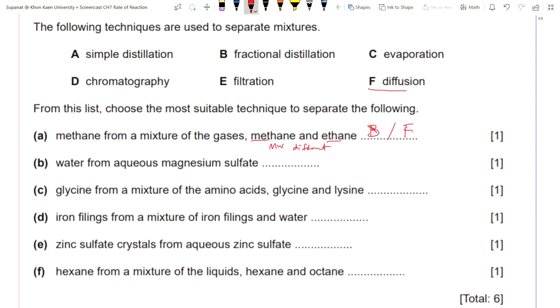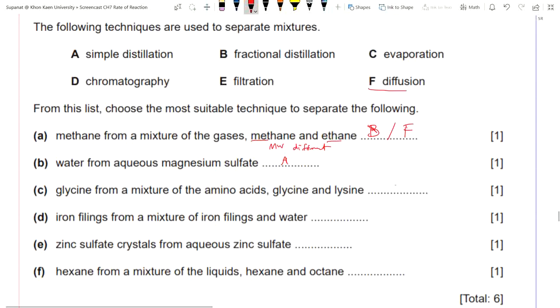So we need the water, right? So we can use evaporation or simple distillation, because we will get the water vapor. C: the glycine from a mixture of the amino acids glycine and lysine.